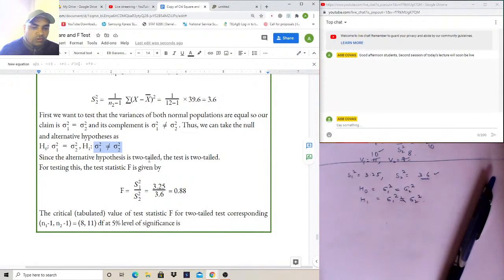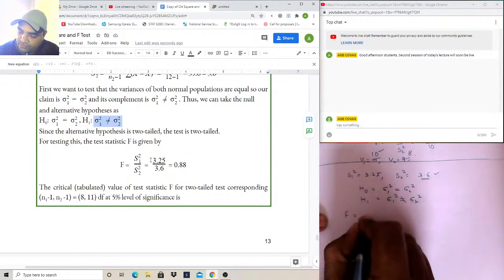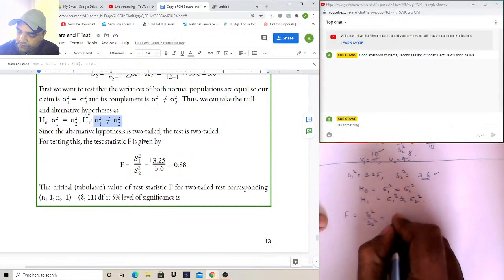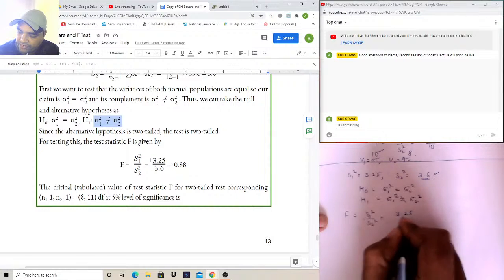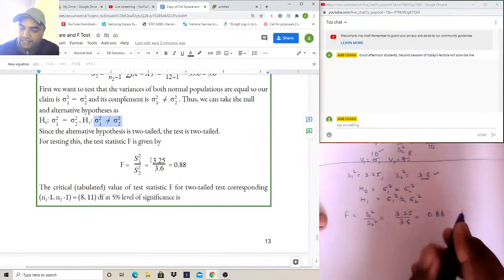So when you calculate the F value, F is equal to s1 square upon s2 square, which is 3.25 divided by 3.6, equal to 0.8.